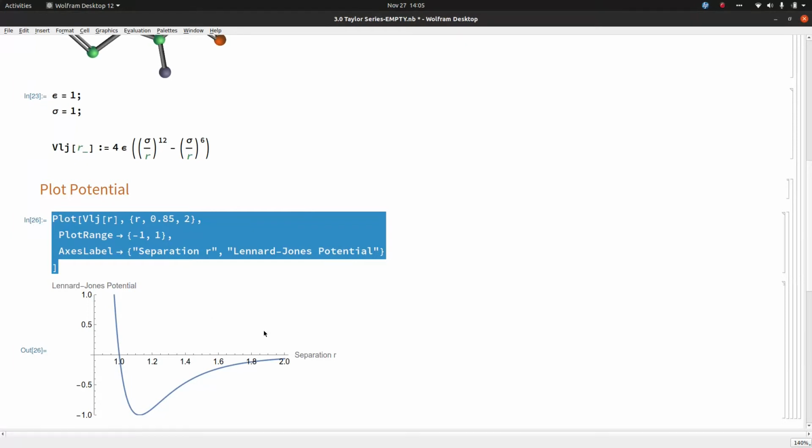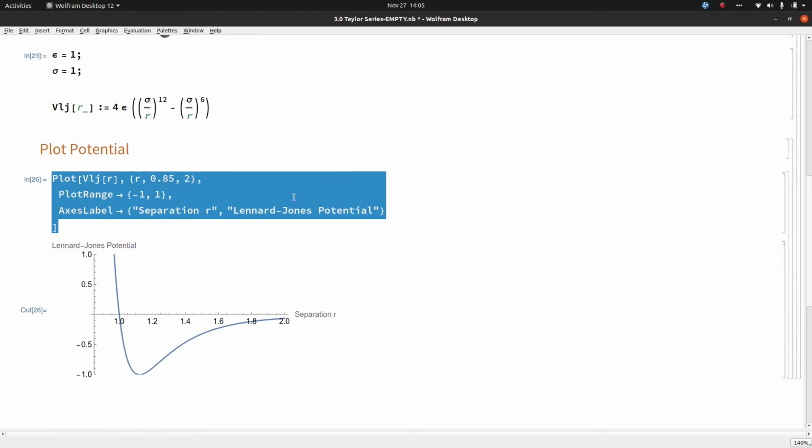So here's what you see. If I try to compress the two molecules together, if I try to compress them beyond their spacing, beyond their size, so below 1, that gives you a really big energy and it shoots up.